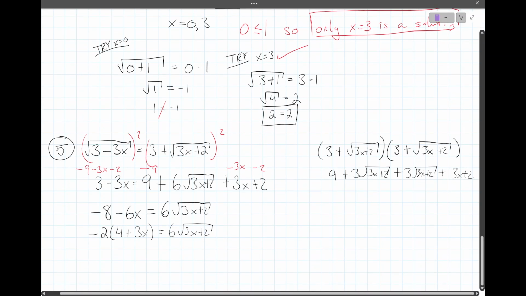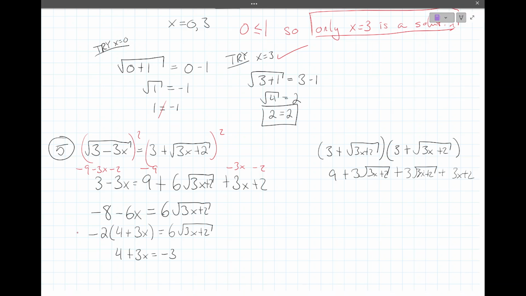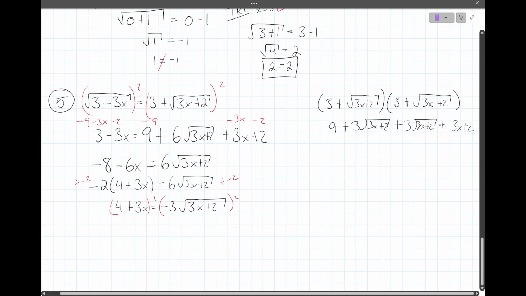I'm just dividing this out. Divide by negative 2, divide by negative 2 to get rid of each there. I'm going to get root 3x plus 2. Now I'm going to square each side, and it's going to be nicer numbers, so we're okay. Notice how I didn't check the restrictions this time first. We're just going to do it by checking.